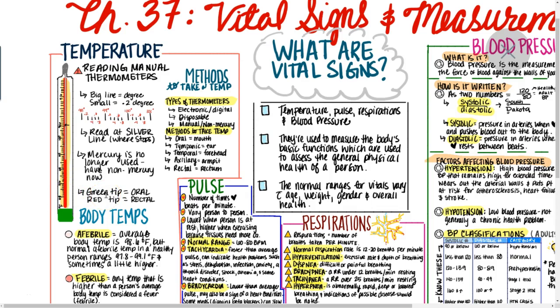So now the silver line is not actually mercury. It is supposed to be non-mercury. The gist is still the same, though. You still have to read it at the silver line.